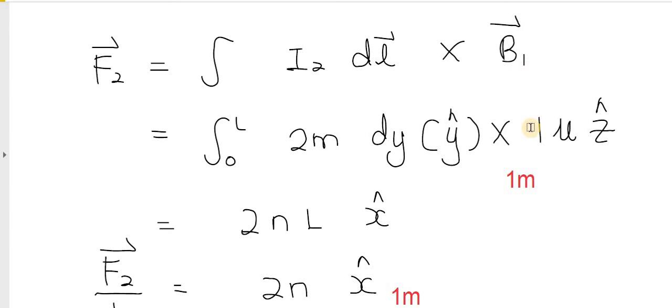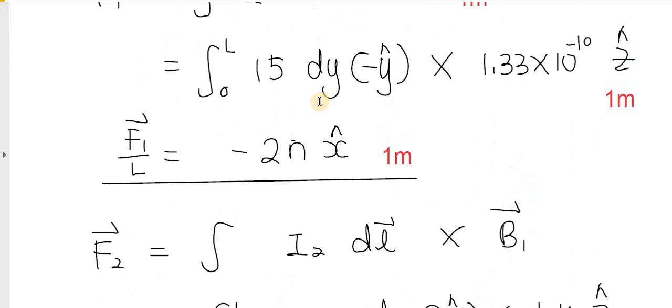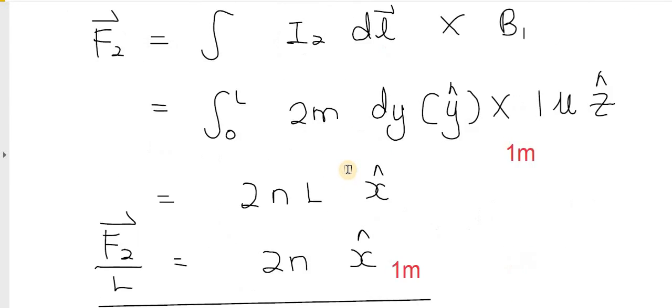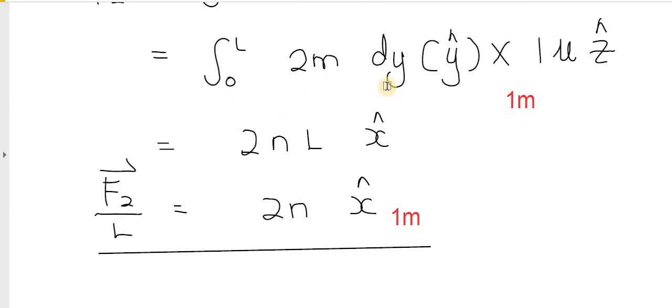So I plug in my B1, and this is my I2, 2 milli, and the length is from 0 up to L. The direction of the current flow for I2 is in the positive y direction. If I continue the integration, I will get 2 nano L, and this is the length of the current filament, moving in the x direction.